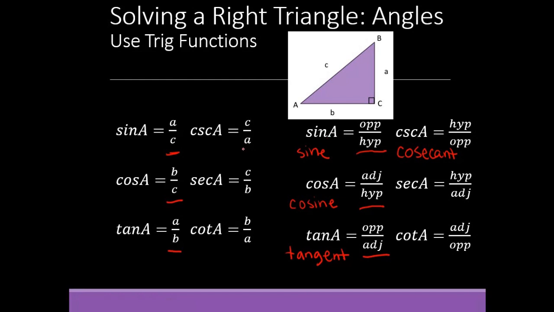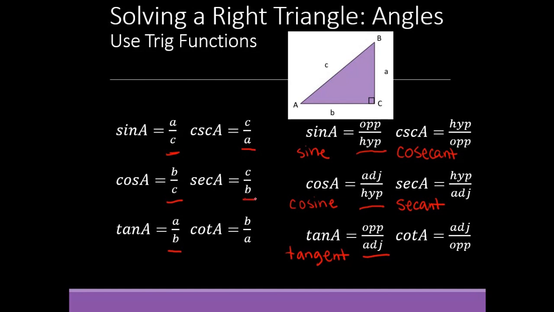And it is the same thing as C over A. And you see how that's the opposite of A over C? It's just turned over, upside down from each other. And you probably guessed this one is called secant. And it is upside down from cosine.